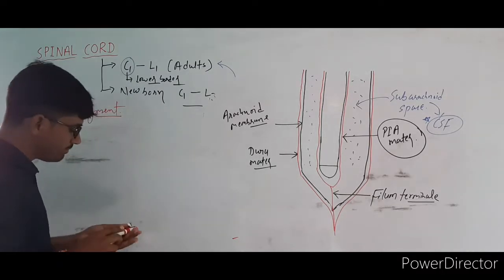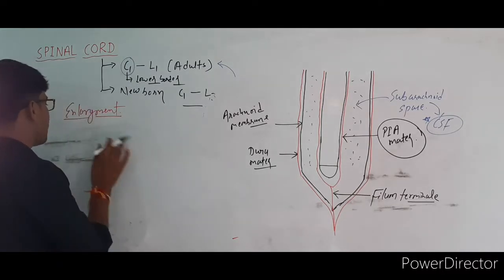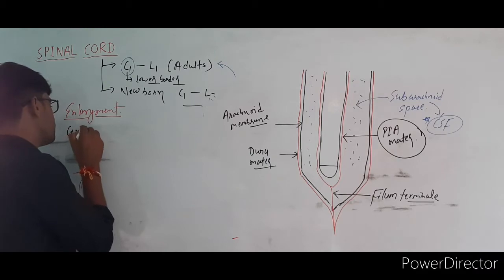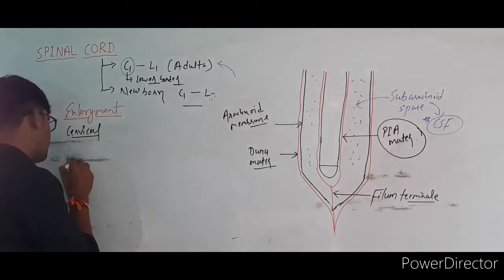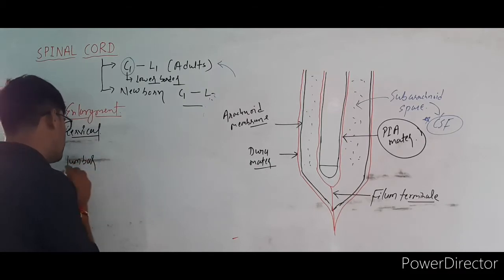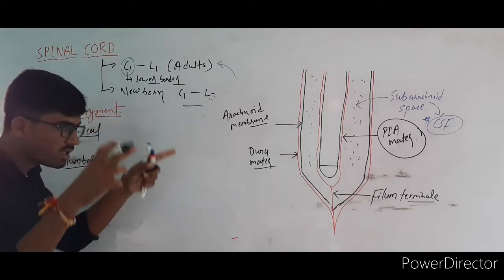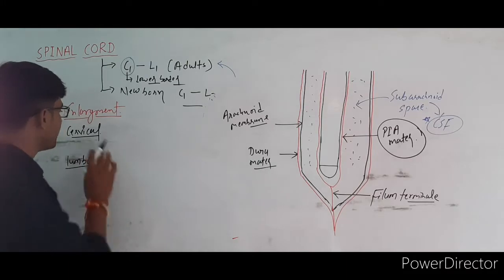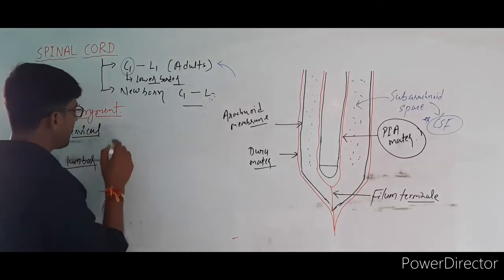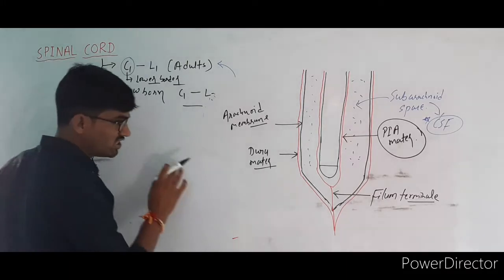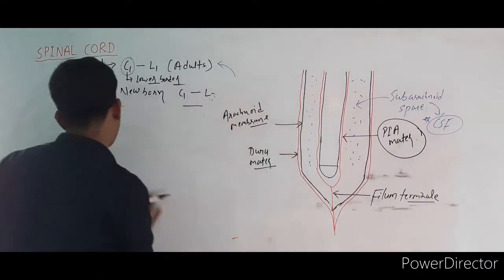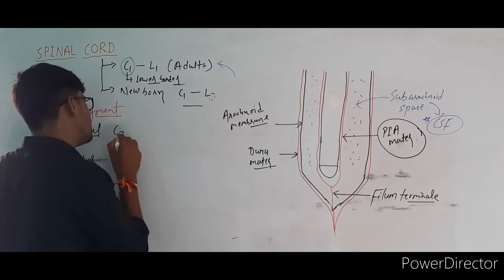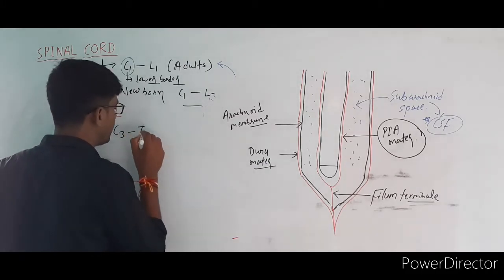One in the cervical part and one in the lumbar part. The spinal cord gets enlarged two times, right? In the cervical part, from C3 to T1, right?